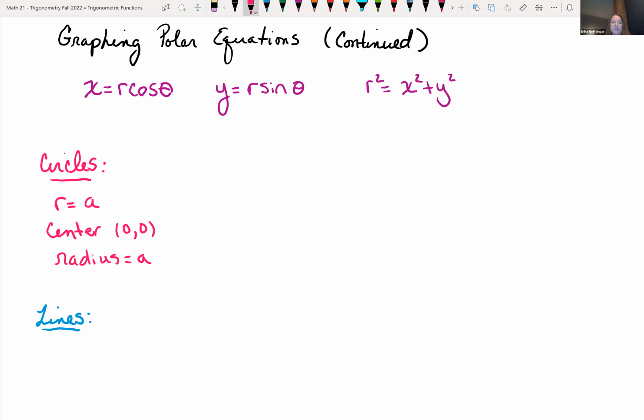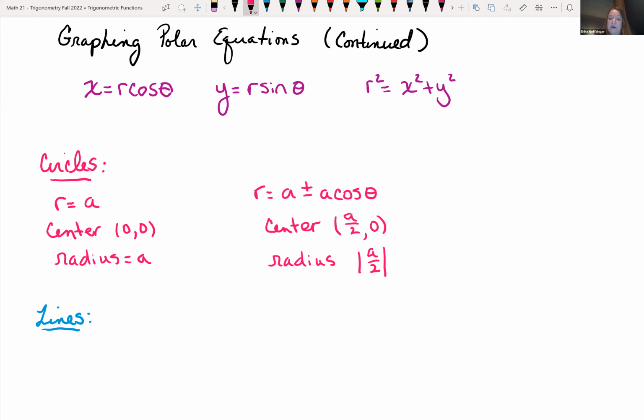We also saw that there were some different forms of getting circles. If we had the form of r is equal to a plus or minus a cosine theta, then we saw that we had a circle, but our center was going to be a divided by 2, 0, and our radius was the absolute value of a divided by 2.